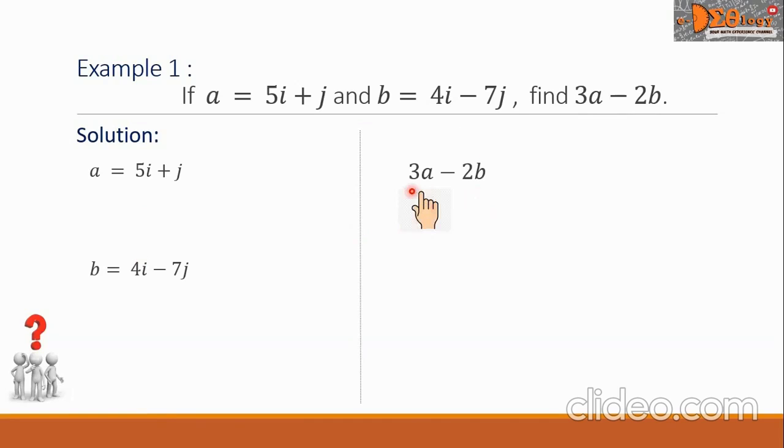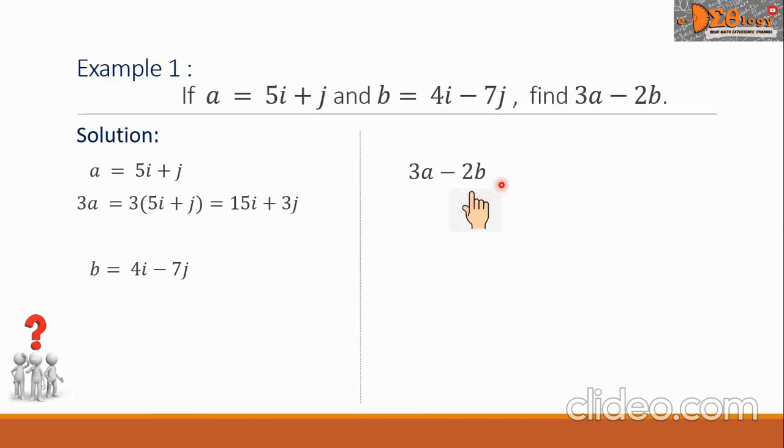Let us start with 3A. It means we're going to multiply the constant 3 to vector A. So 3A equals 3 times the quantity 5i plus j. Simplifying this, we multiply 3 to each term of the vector. So we have 15i plus 3j.